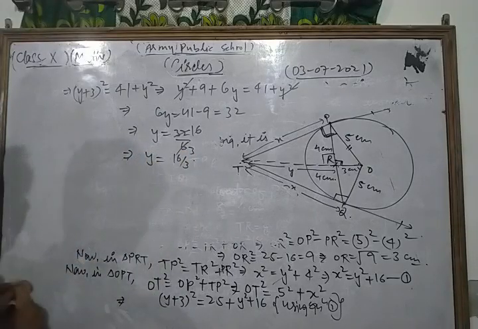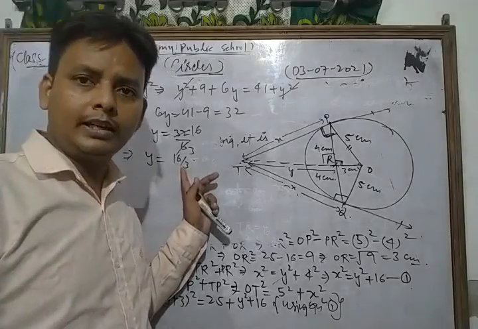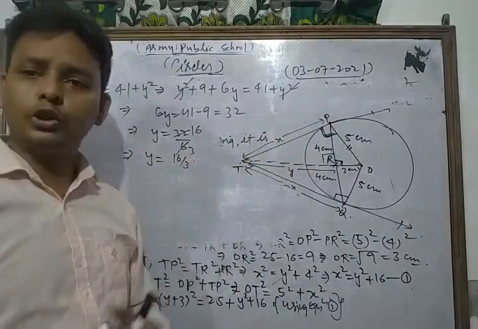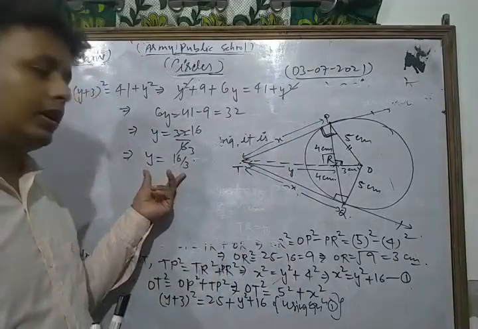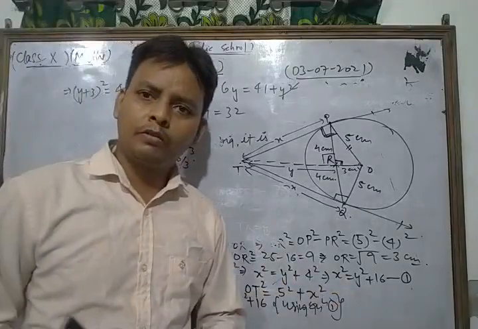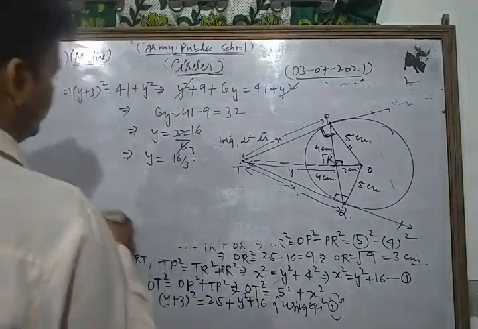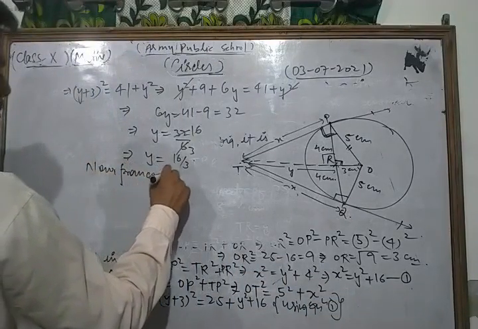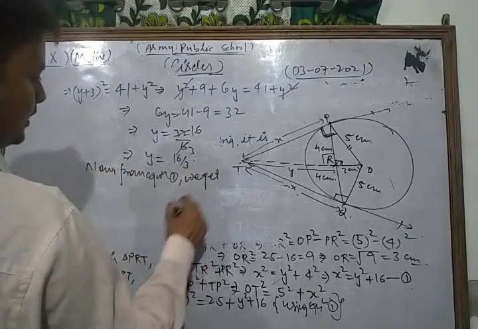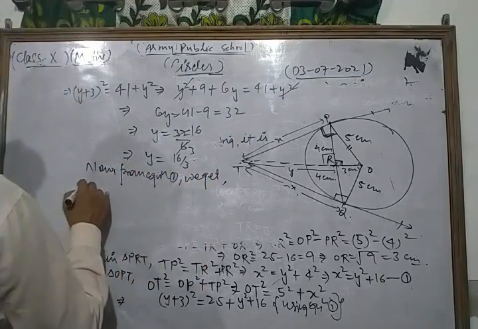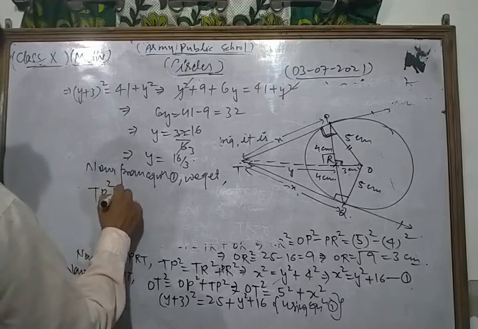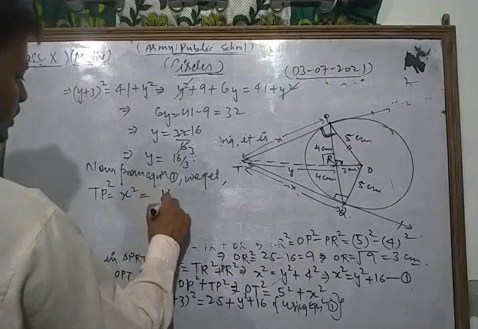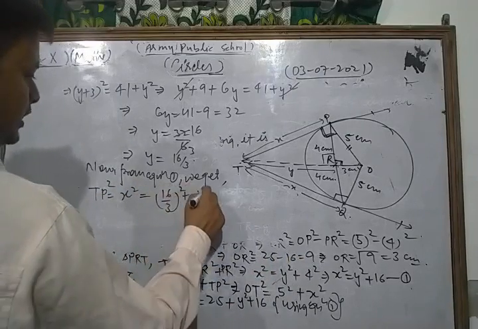Now we put the value of Y in equation 1, because we want to find the length of TP, which we assume is X. From equation 1 we get length of TP square, that is X square is equal to Y square, means 16 upon 3 square, plus 16.